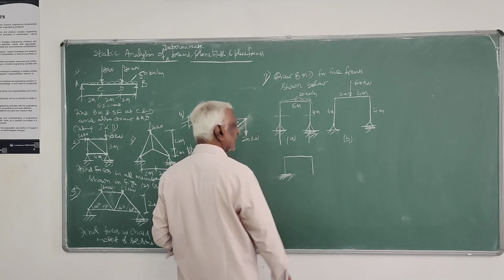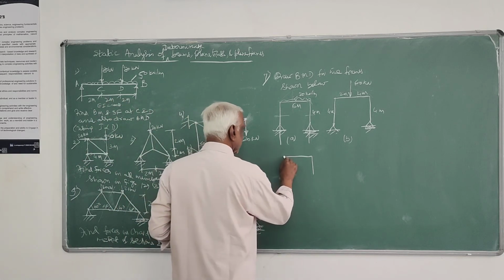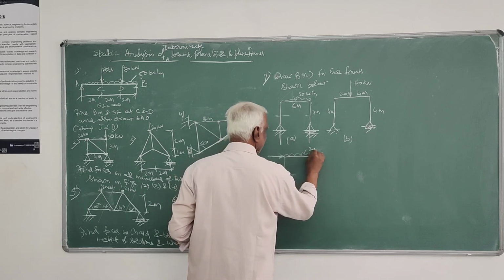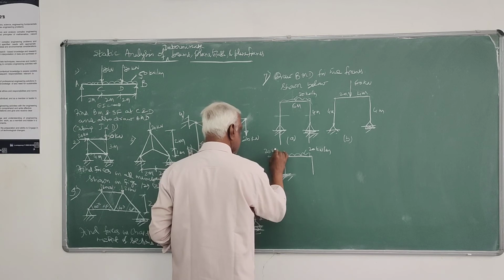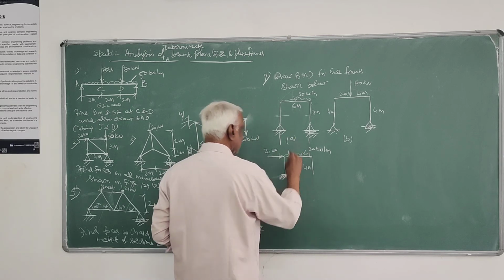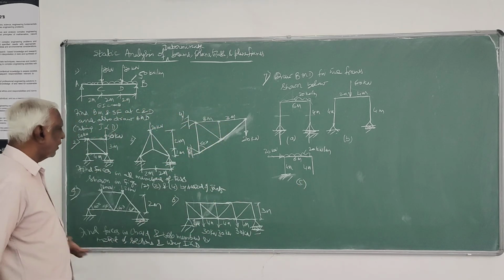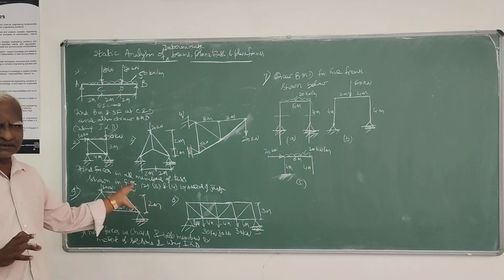Either like this, one end hinge, another free, similar to a cantilever, you can take a problem like this. 20 kilonewton per meter and 20 kilonewtons, 6 meters, 4 meters. So this is C. So this problem you can solve. I have given full instruction.